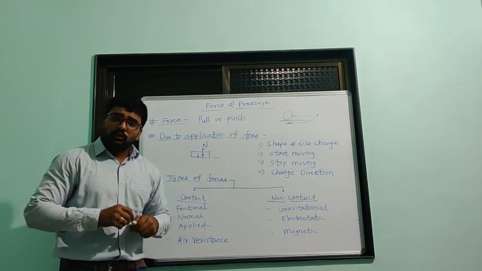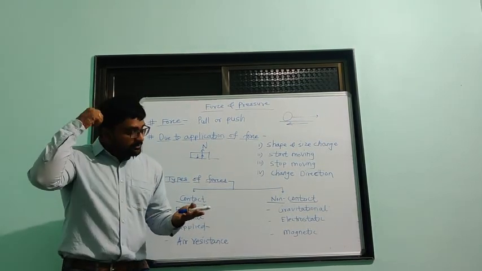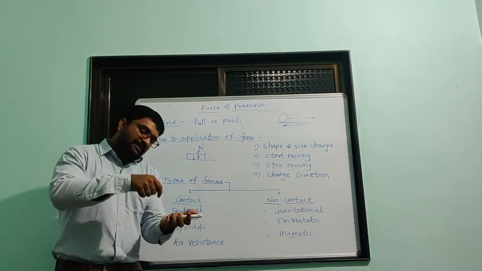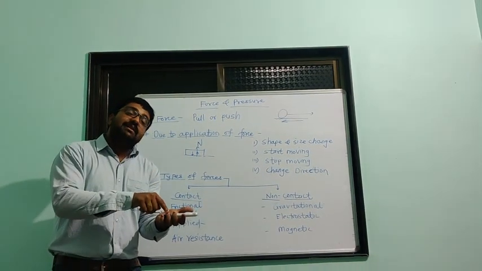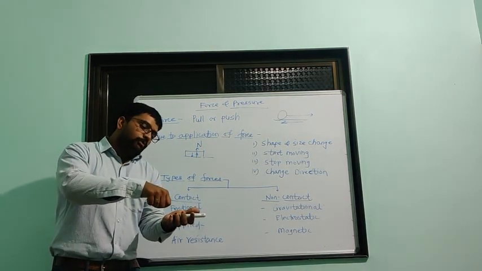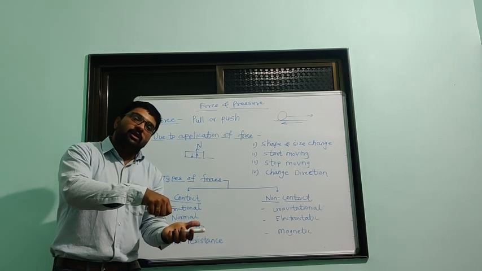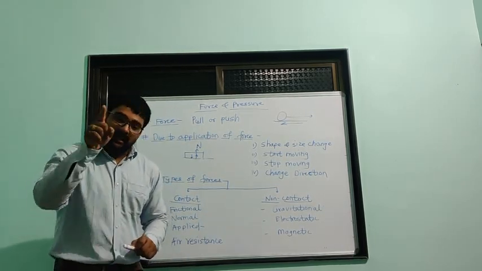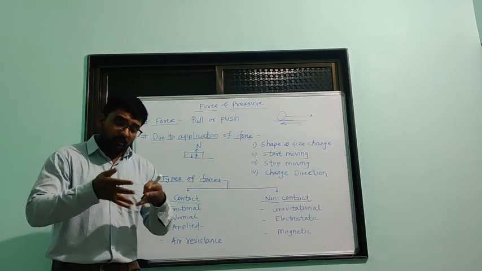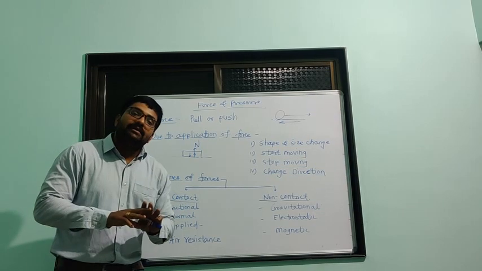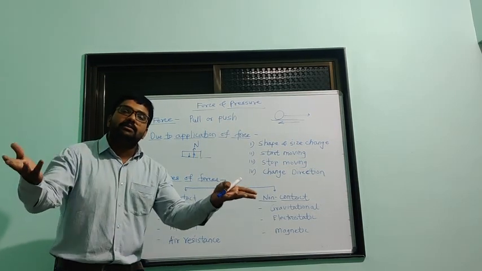So what happens is, some charges are present on this comb and these charges attract the charges present on the paper. Positive and negative charges, we know, attract each other. Positive and negative charges always attract, and positive-positive or negative-negative, that is, like charges, repel.